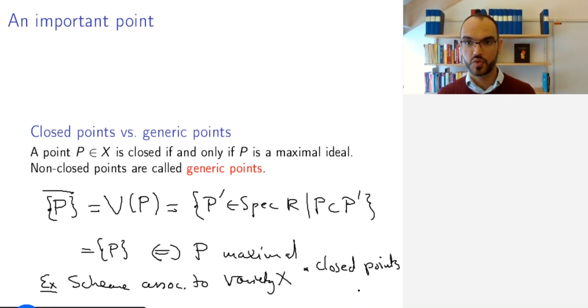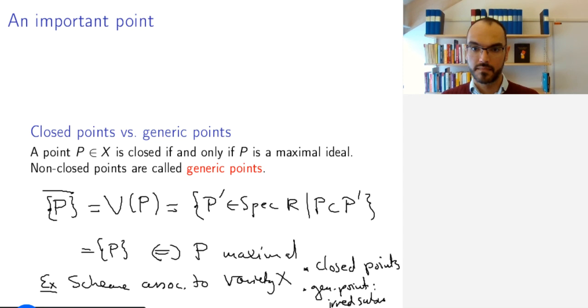These are the actual points of the variety, and the non-closed points are called the generic points, and the generic points are the irreducible subvarieties, or rather the prime ideals corresponding to irreducible subvarieties.